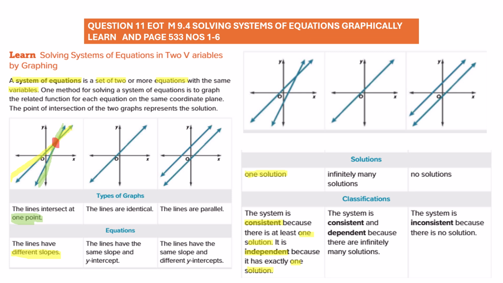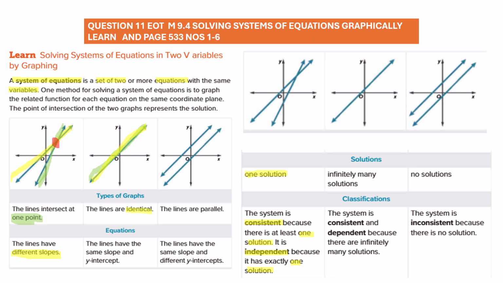Going on to the second one. The lines are identical. That means both the lines graph onto each other. There are 2 lines here, and when graphed, they end up being on each other. So we say the lines are identical.